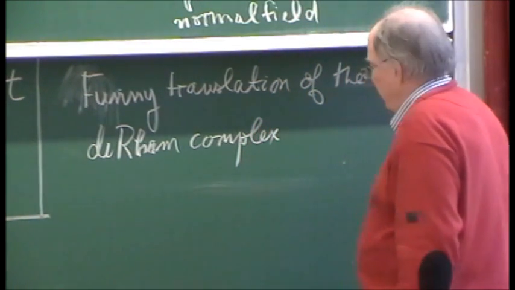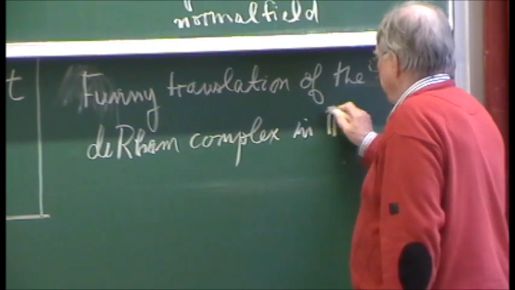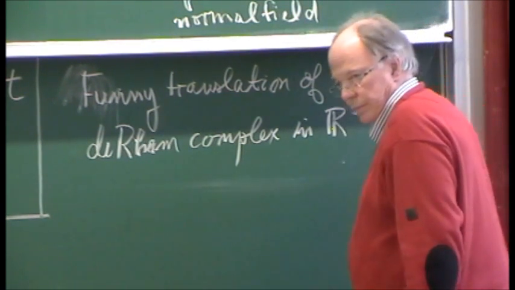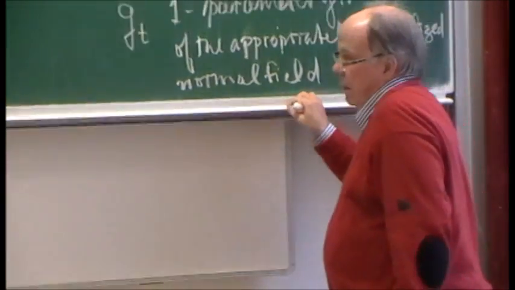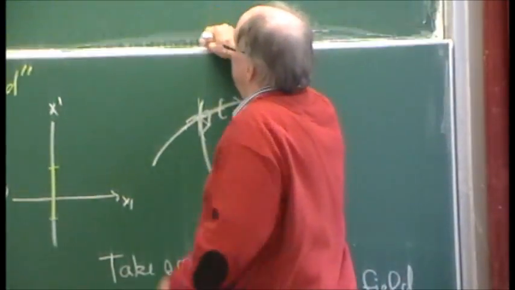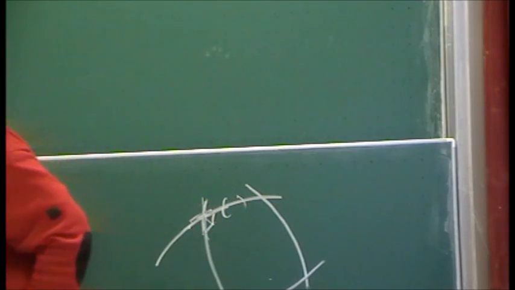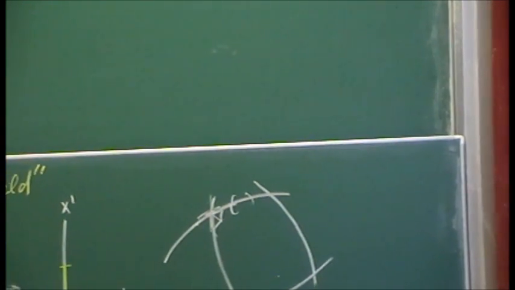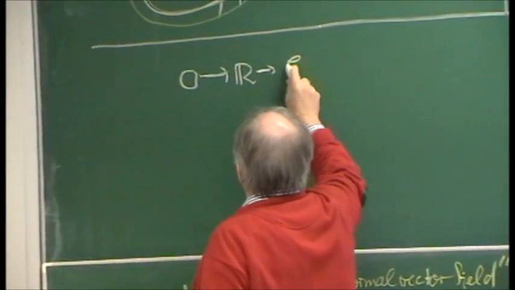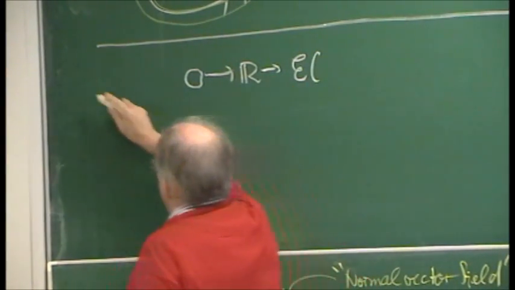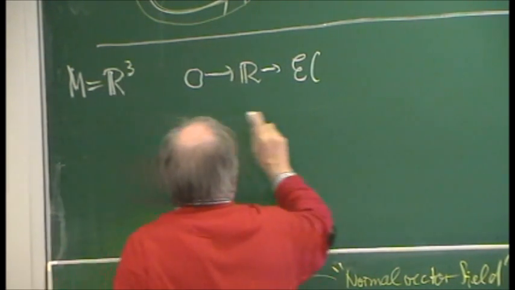And I'm going to do this in a simplistic way in R3. So we can have some fun. Let's have some fun with the de Rham complex. Ready? So here's the de Rham complex. You have the constant functions on R3. You have the functions on R3. So I don't write R3 all the time, let me just say n is equal to R3.